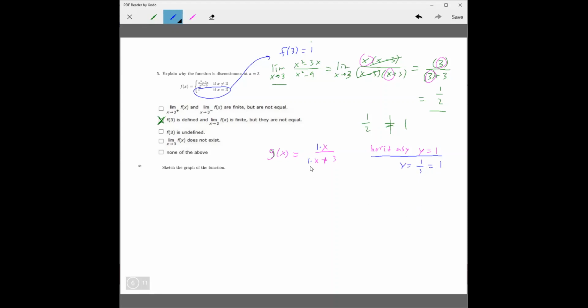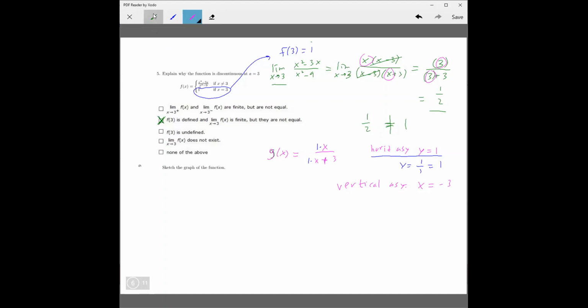So it's 1, because these are the highest order terms and they're both the same. As x gets larger and larger, it's going to go to 1. So you get a horizontal asymptote at y equals 1. You have a vertical asymptote at x equals -3 because of this right here.